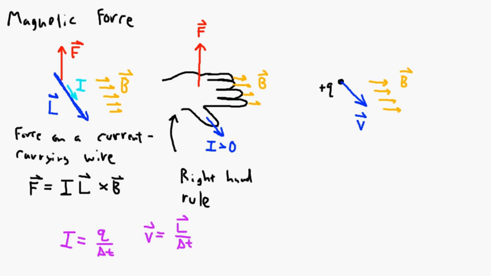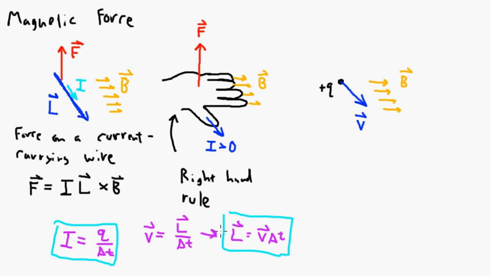So now it's very easy to substitute. You have to rearrange this into L equals v delta t, right? But then you take this, and you substitute them into F equals I L cross B, and what you get is F equals, so your I becomes q over delta t.